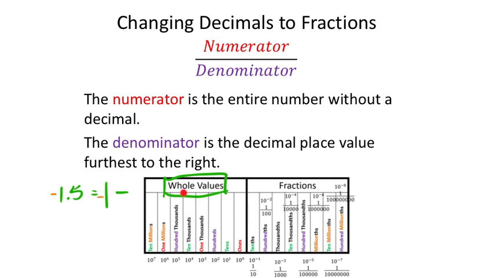The denominator will be the place value of the number furthest to the right in the decimals. Now this one, of course, is fairly easy because the 5 is one place value to the right of the decimal. It is in the tenths place value, which means that the denominator there will be 10 to start out with.